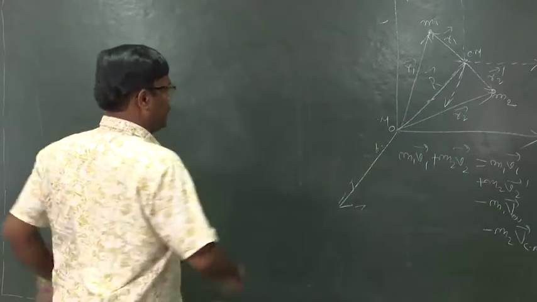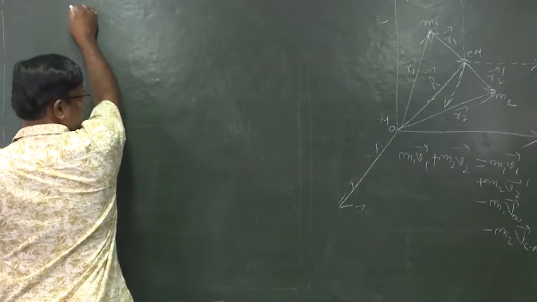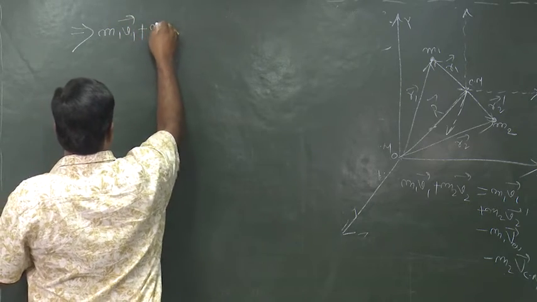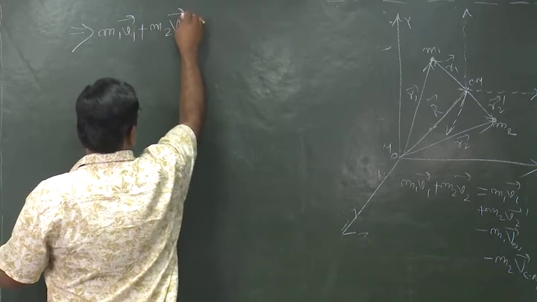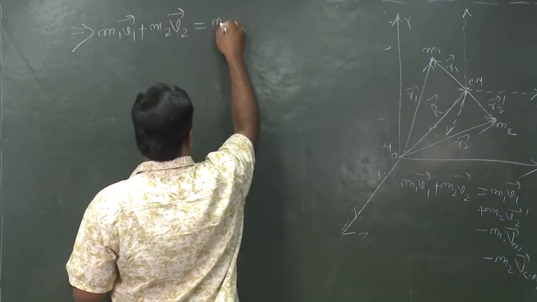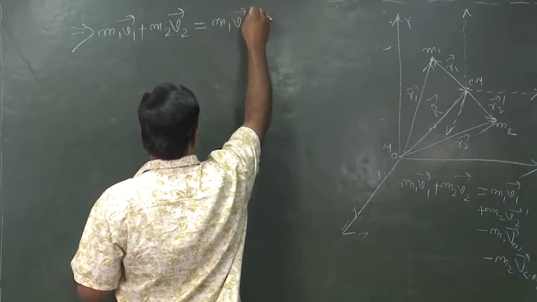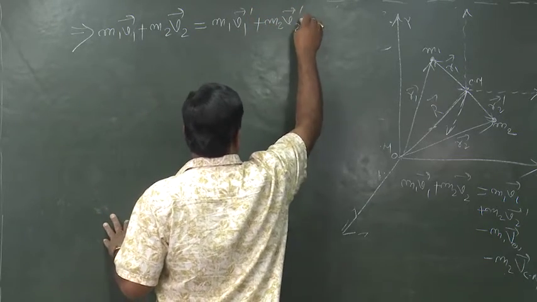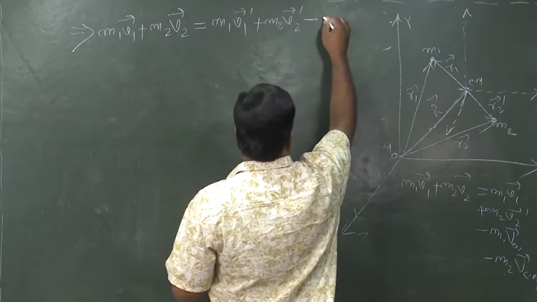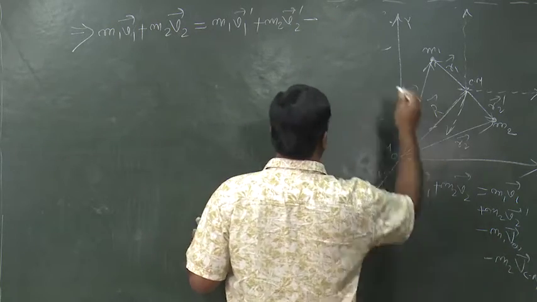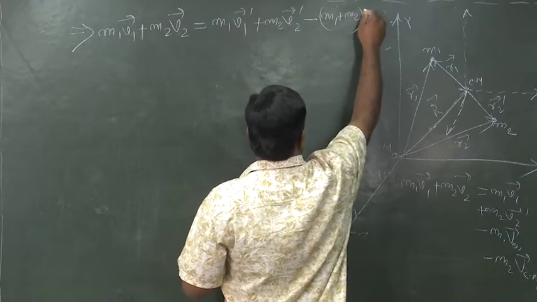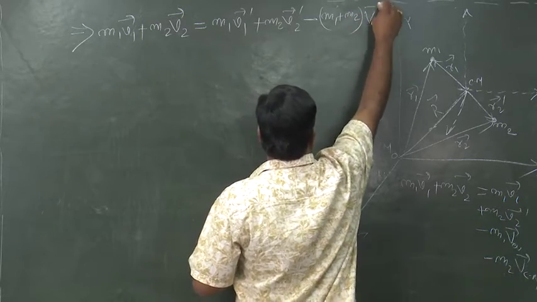On simplifying, we can write m1 v1 plus m2 v2 is equal to m1 v1 dashed plus m2 v2 dashed minus, if v center of mass is taken as common, m1 plus m2 into v center of mass.